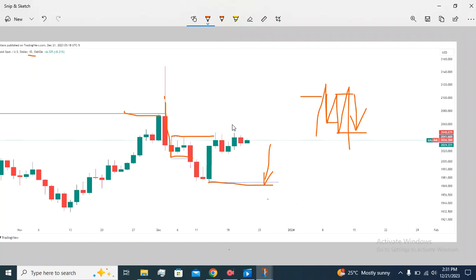So dropping down on the lower time frame to watch what was happening at this area, because we are targeting to take this lower low. As long as this high is not taken, this is the stronger high that has been formed.